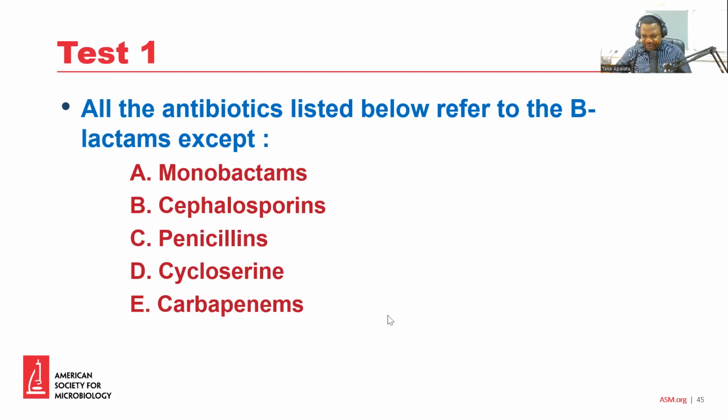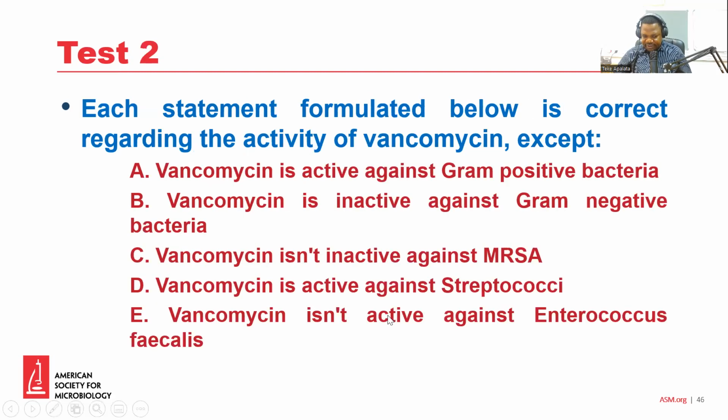Now the second test: each statement formulated below is correct regarding the activity of vancomycin, except one. Read these different statements and find out which one is not correct in relation to the activity of vancomycin.